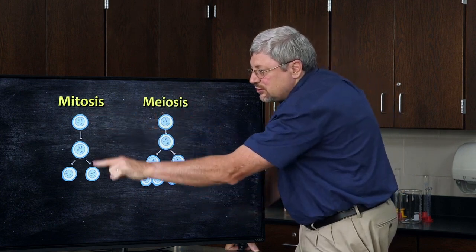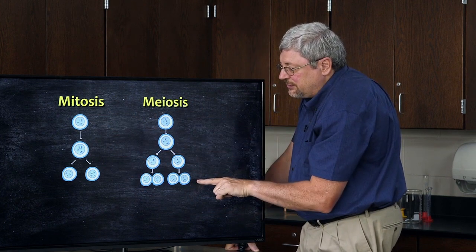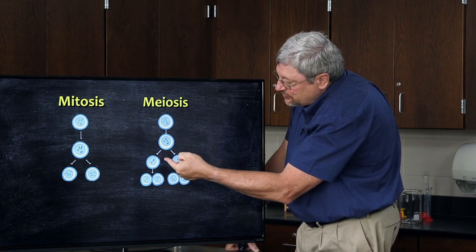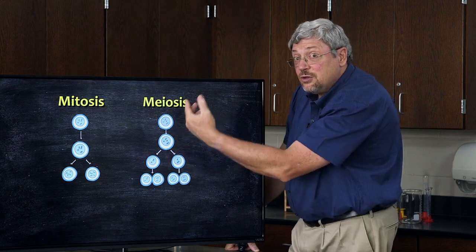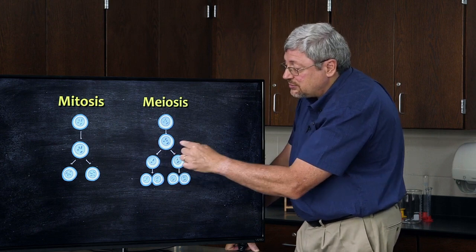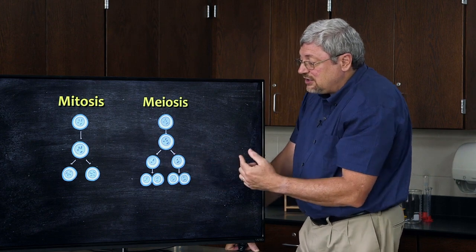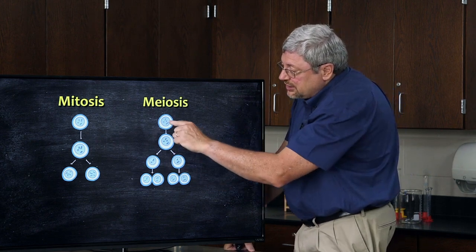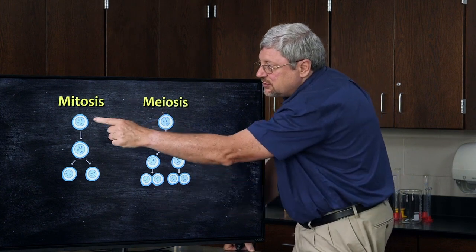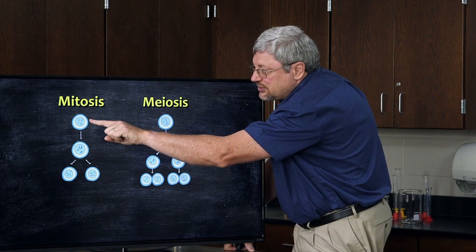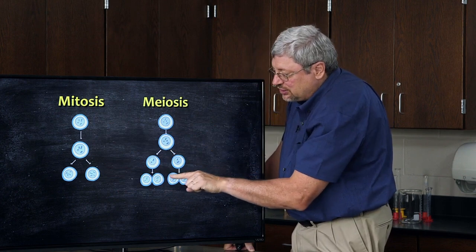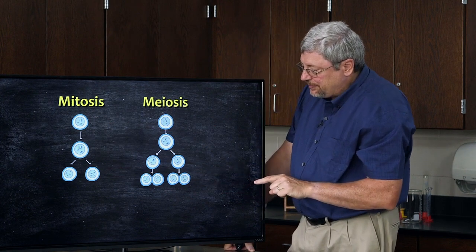So mitosis goes from 1 to 2, meiosis from 1 to 4, and the number of chromosomes divides in half, because in meiosis 1 you end up separating your homologous chromosomes. Only half the chromosomes end up in one cell, the other half in the other cell. So we end up with half the genetic material in each of these cells. Mitosis, same genetic material in the parents and the daughter cells. In meiosis, only half the genetic material is in each cell.